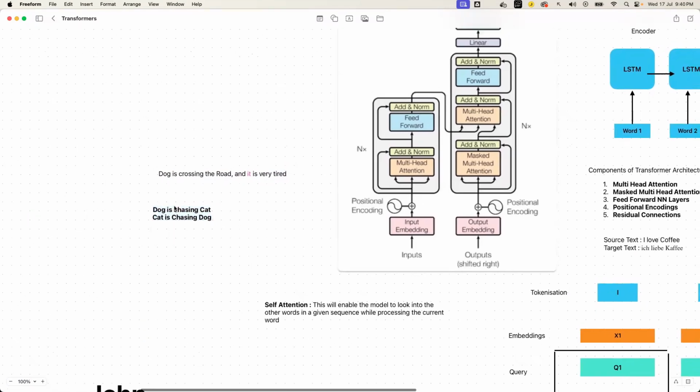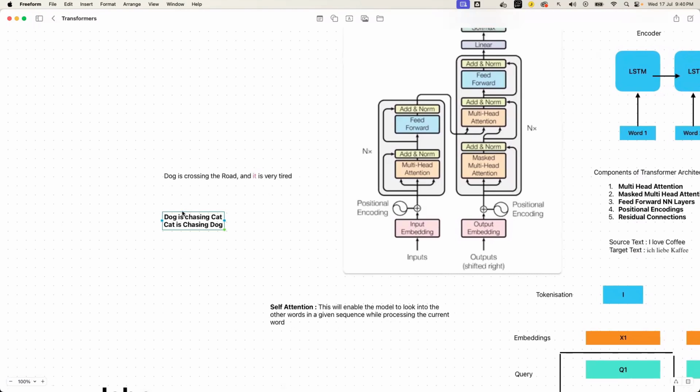If you observe these two sentences, you can clearly observe one thing. Even though the words being used are the same, the meaning is entirely different. In the first one, the dog is chasing cat, and in the second one, cat is chasing dog. Just by shifting the position of cat and dog, the entire meaning of the sentence is getting changed.